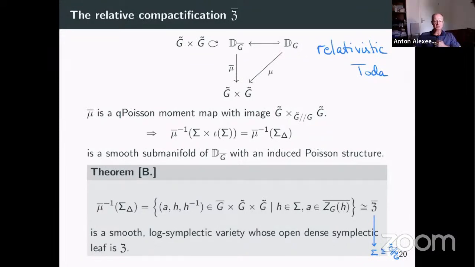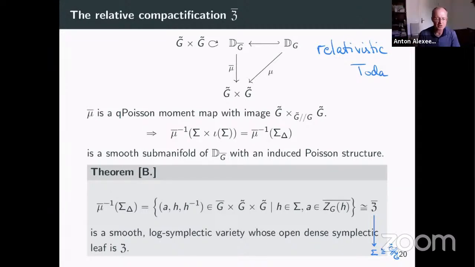How explicitly do you know this? You say the symplectic form has those log singularities, right? How explicitly do you know those log singularities on different components of the boundary divisor? What is the control of the two form? I'm not sure what kind of description.